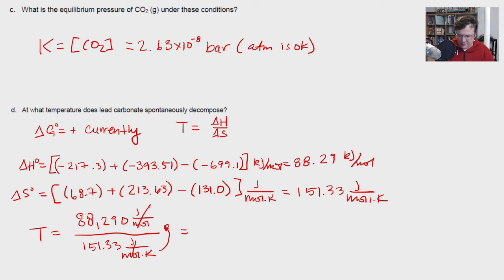So 88,290 divided by 151.33 gives us 583.4 Kelvin. So that's the temperature at which the lead carbonate spontaneously decomposes in this case. Which I believe matches what I have here, 583.5. Yeah, same thing. Probably sig figs somewhere. So yeah, that's how you do B3 in this case right here.